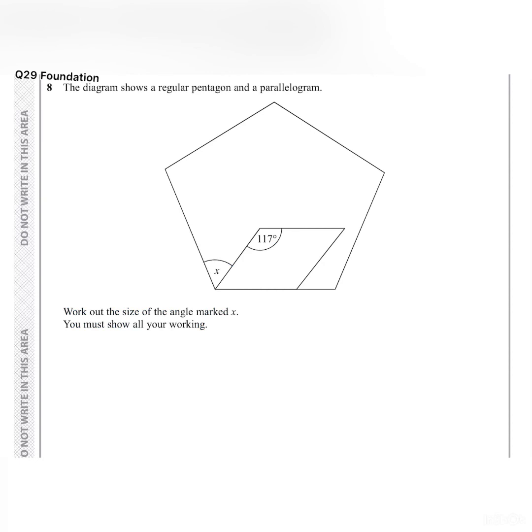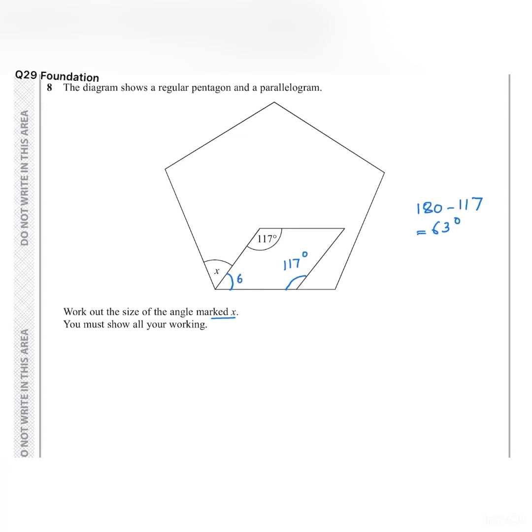Okay, question number 8 says the diagram shows a regular pentagon and a parallelogram, and work out the size of the angle marked X. Now if you notice, in the parallelogram this angle would be 117 degrees as well, and the size of this angle here, so again these are co-interior angles in a parallelogram, so we can do 180 minus 117, that will be 63 degrees.